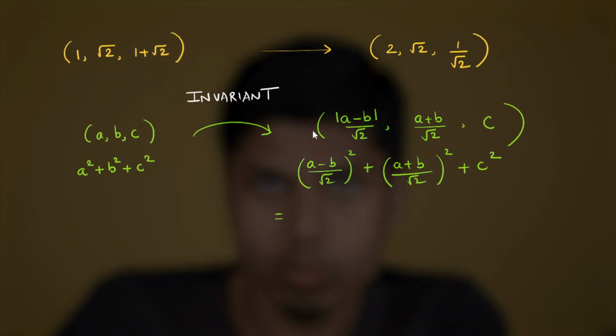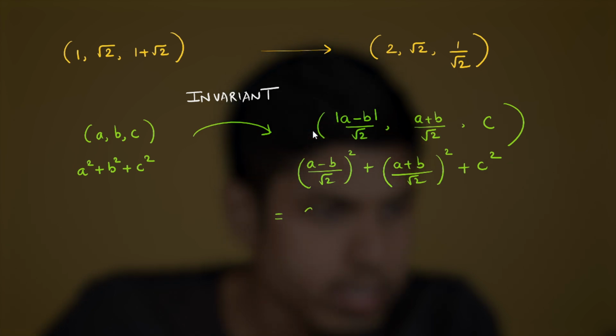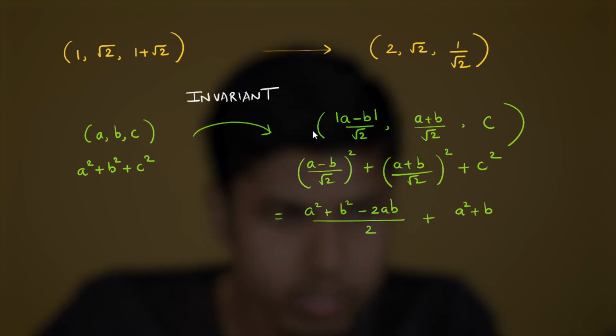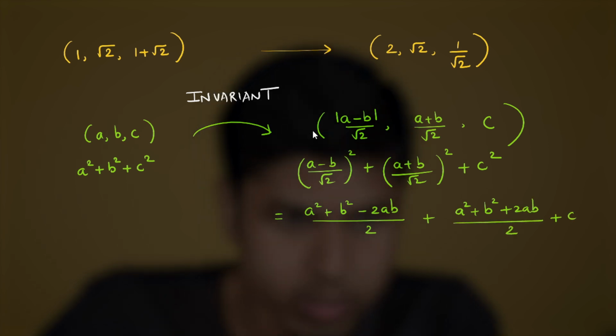Now let's do some arithmetic here. Expand (a minus b) by root 2 whole square, which yields (a square plus b square minus 2ab) by 2, plus (a square plus b square plus 2ab) by 2, plus c square.